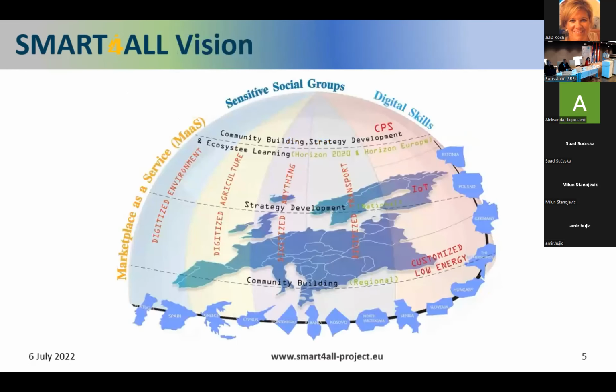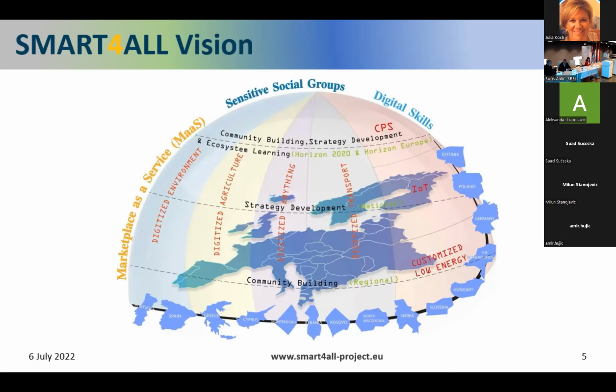application area pillars. If we try to visualize the vision of SMART4ALL, you will see in this image that we start bottom up and build regional local ecosystems within the countries. Then we plan to interconnect these ecosystems in bigger ecosystems, and this event today intends exactly to build collaboration and bring together ecosystems from the area.